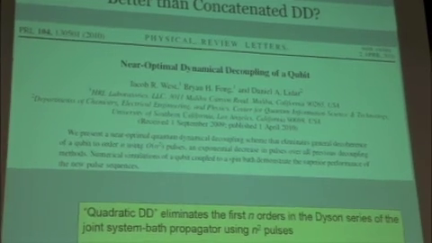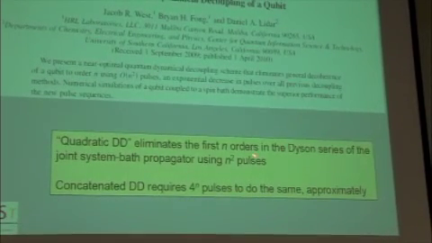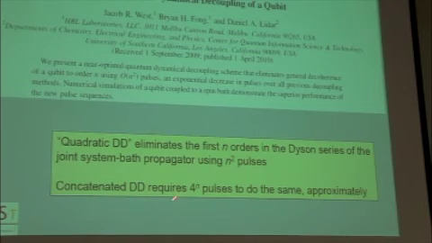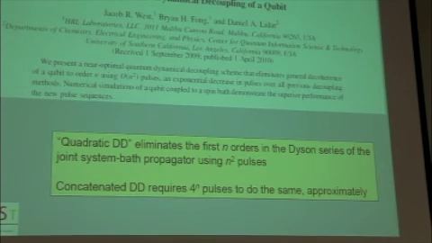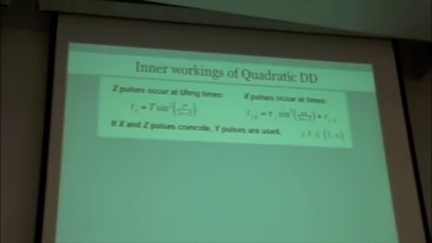Right. How does that compare to concatenated DD? Well, instead of n squared pulses, concatenated DD needs 4 to the n pulses. Okay, you need n levels of concatenation. Every other level multiplies the cost by a factor of 4.